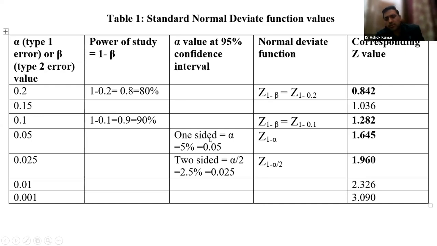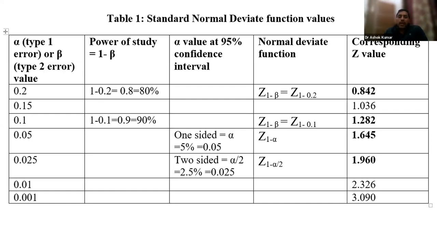So there are two types of studies, one-sided and two-sided. What do you mean by one-sided and two-sided? First you have to remember this, then we will discuss what one-sided and two-sided mean. Please remember, in a descriptive study, a single group study, a cross-sectional study, we always have to take alpha by 2.